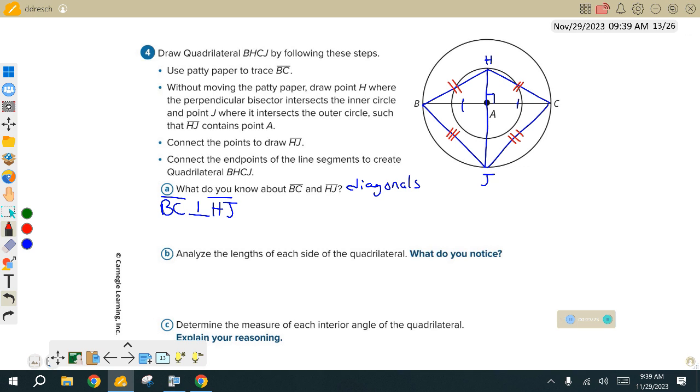That's really about it for a kite. I want you to remember that the diagonals are perpendicular, and you have two pairs of adjacent sides that are congruent. That's about as crazy as we're going to go for a kite.